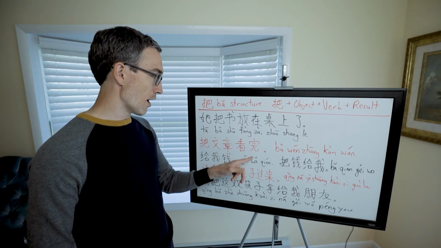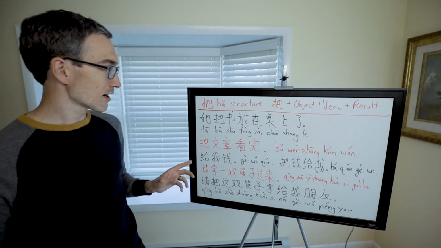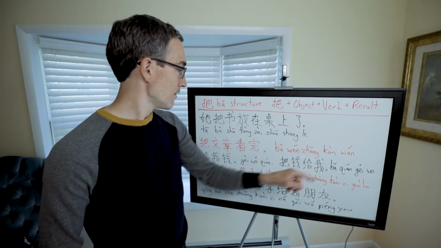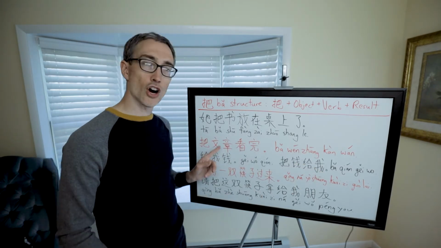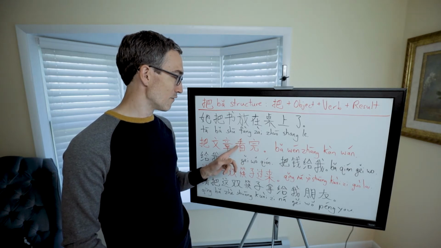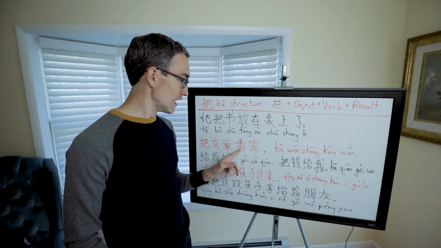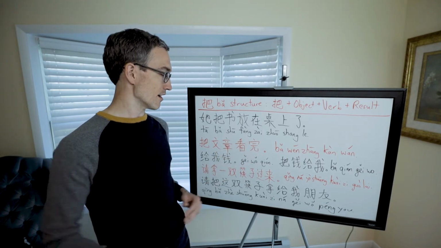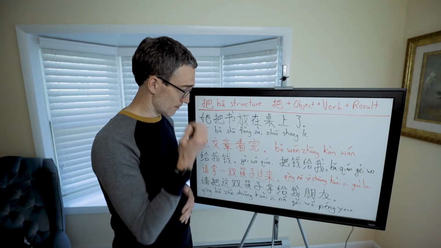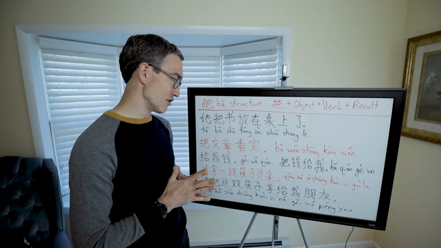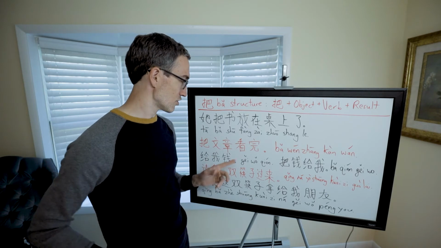把文章看完. Here it's written over here in Pinyin. 把文章看完. And this 文章 means article. 看完 means to read or look at. 完 means to finish. So 看完 is a result complement, meaning that it's been finished.